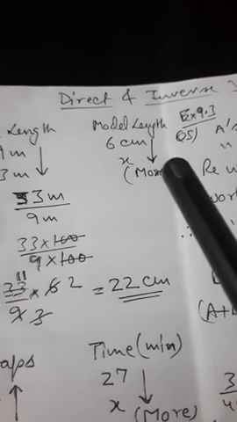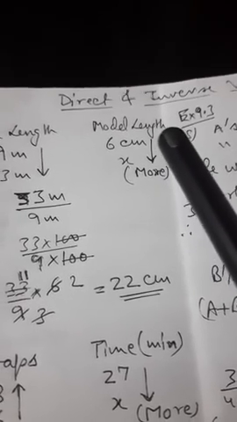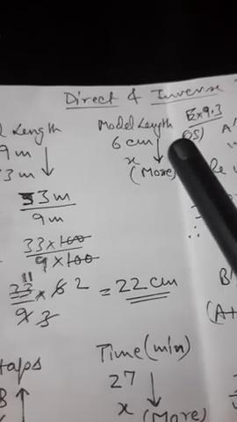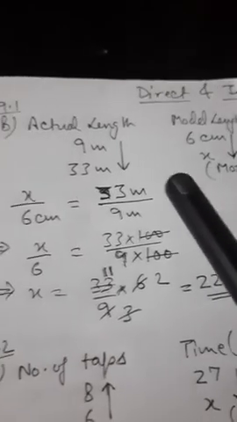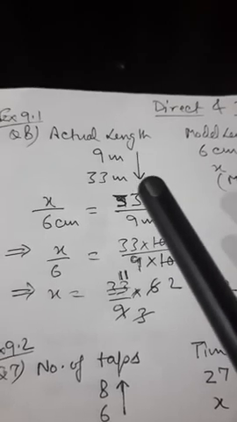So your arrow which you already have placed towards x is pointing towards more. So in this column also now we will place an arrow pointing towards more.